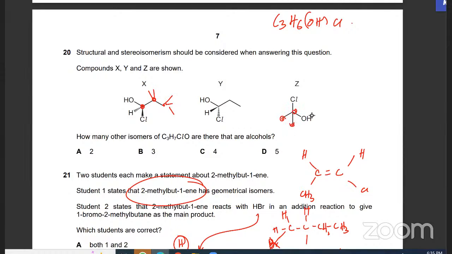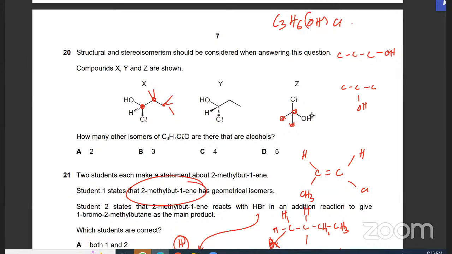So I'm going to do this one by one. I have 3 carbon atoms, and I need to make an alcohol, so there's got to be an OH. Now the OH could be at the end, or the OH could be on the middle one. Those are the 2 possible positions of the OH.